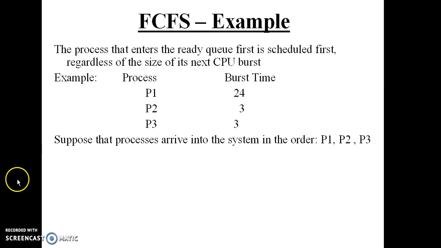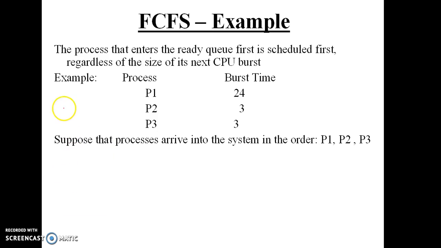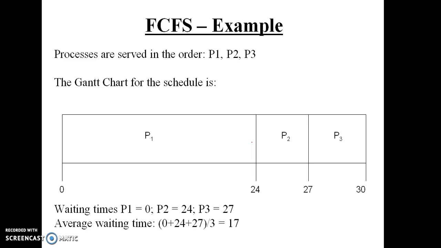Now we have an example for this FCFS algorithm. We have three processes P1, P2, P3, and the corresponding burst times are 24, 3, and 3. These processes arrive in the sequence P1, P2, and P3.